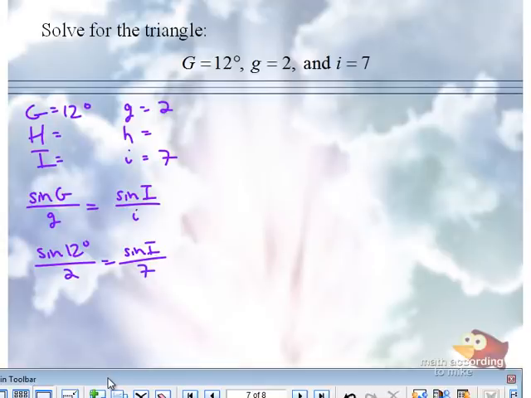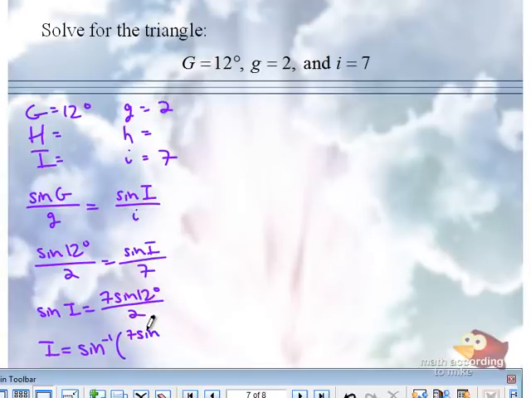So to solve for angle I, we'll multiply both sides by 7. And then when we take a sine inverse to solve for I itself, what do we get?